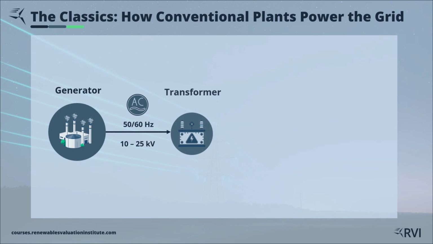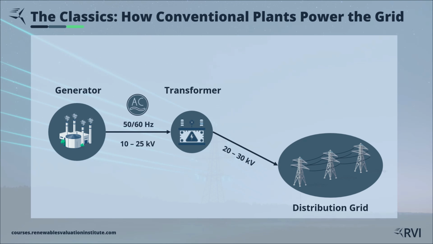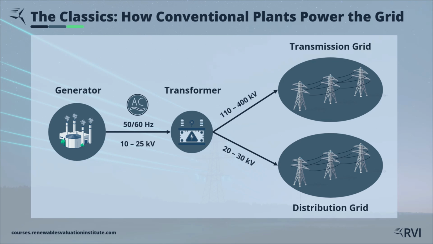And then a transformer steps it up even further. Depending on the plant size and location, that electricity can feed directly into the distribution grid or be stepped up to 110 to 400 kilovolts for long distance transmission. Unlike solar or wind, these traditional plants already produce grid synchronized AC, ready to feed directly into the system.